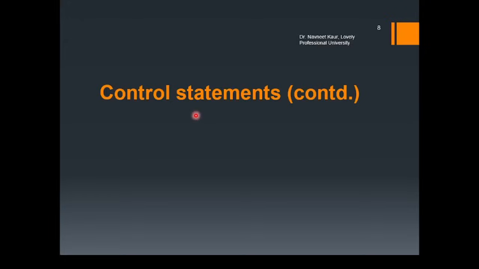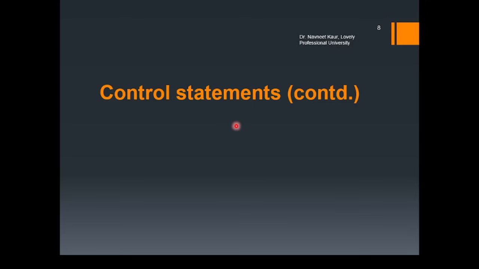We have another set of control statements that is continued with the previous set of control statements. So these control statements can be integrated with the looping statements. There may be a possibility that you may not want to print a particular value within the loop. You might want to skip it, or let's say you might not want to go till the last condition.